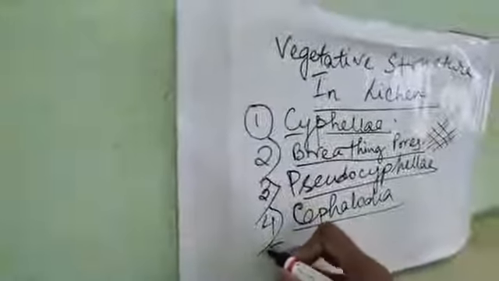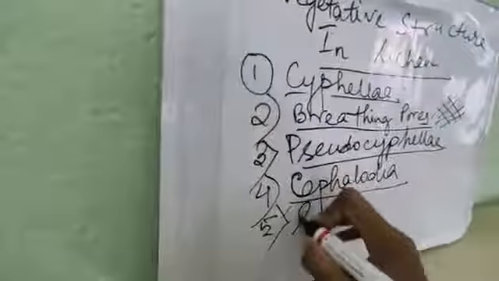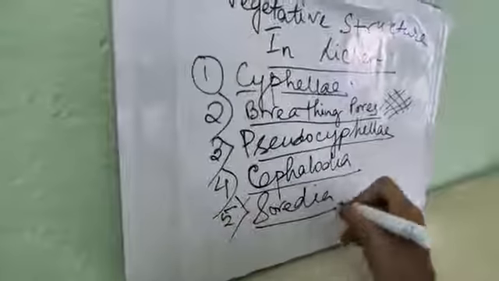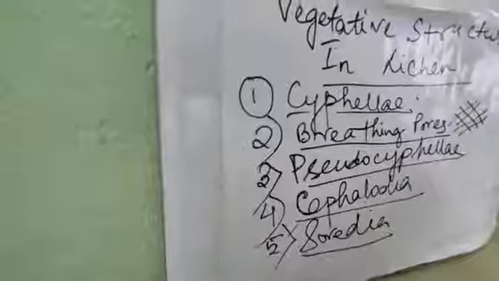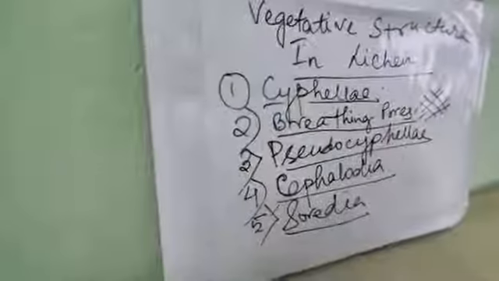Next, number 5, Soredia. What is this Soredia? It is a minute, non-cortical, round, bud-like outgrowth present on the upper surface of the lichen. Non-cortical means it is not growing on the cortex region.